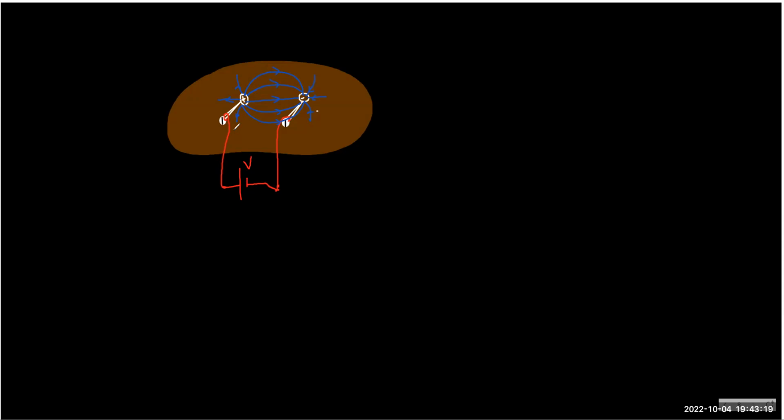So the farther the terminals, the more the resistance. You can always think the nearer the terminals, the lesser the resistance, because you have to go through a small piece of medium. So it is the lines of force which eventually dictate the amount of resistance.